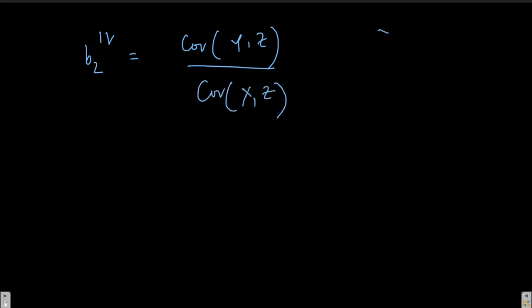In our equation, y is the price rate, x is the wage rate, and z is U.